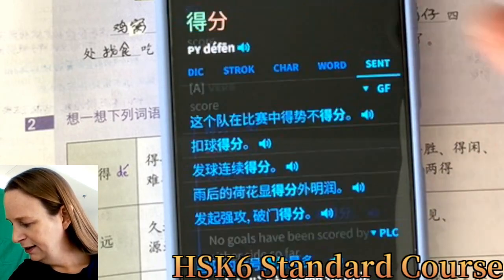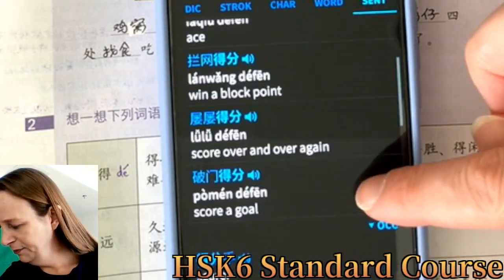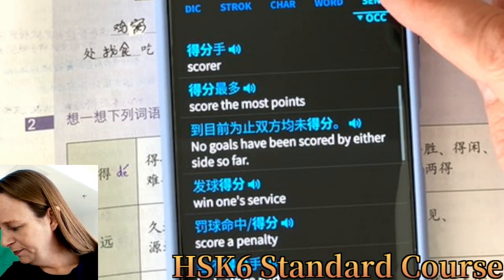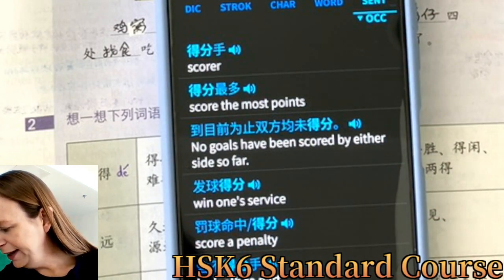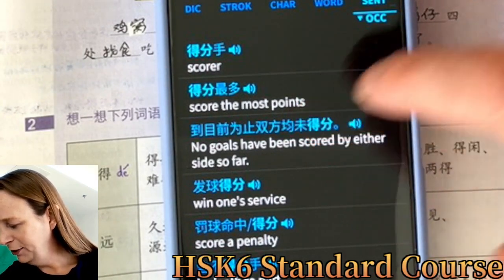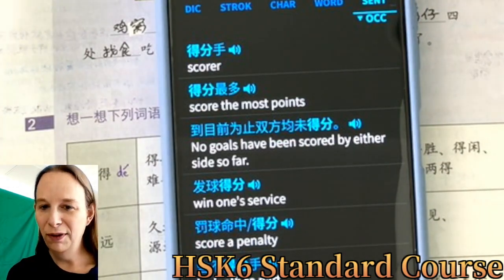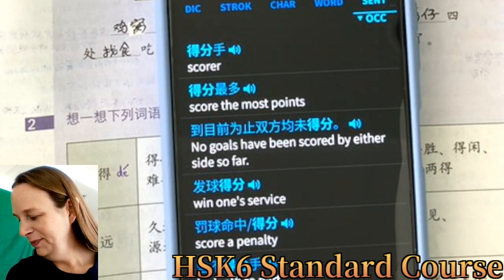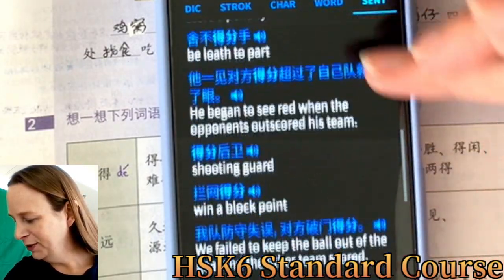Okay. So what's interesting here is it's a verb and a noun. 到目前为止, 双方均位得分, 均位, 对吗? 均位. This 均 means 都, right? Yeah, so 得分, no points, scored no points.